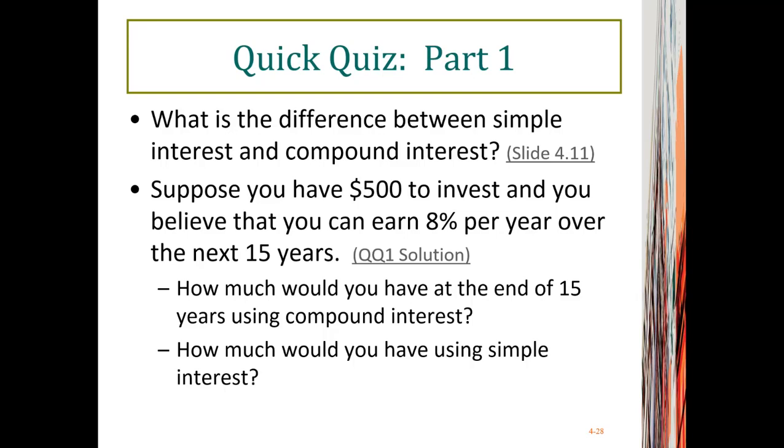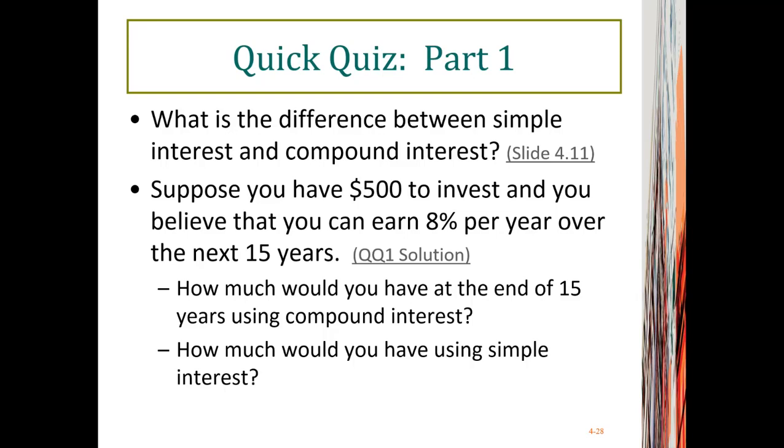The second question is, how much would you have using simple interest? In this case, every year you earn 8% of $500, that's $40 every year, and for 15 years you will receive 40 times 15 or $600 total interest as simple interest.